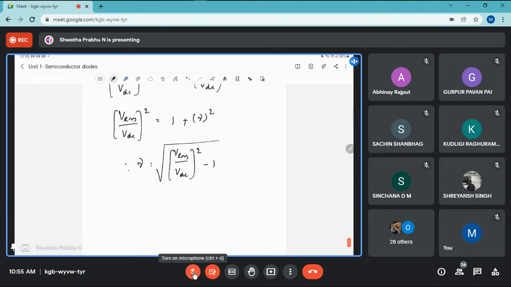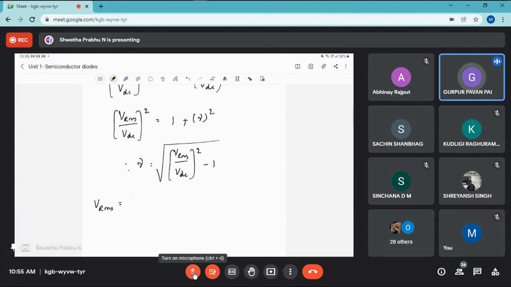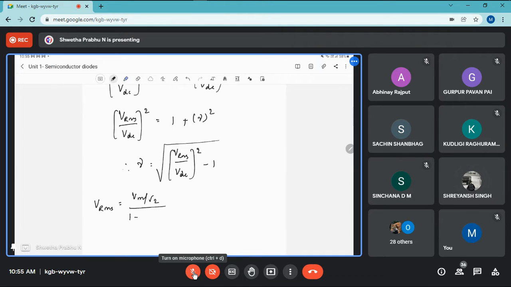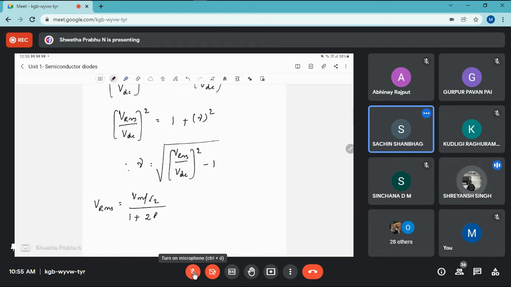Now, yesterday we derived the relation for VRMS and VDC, right? Can anyone tell me what is VRMS from yesterday's derivation? VM by root 2, divided by 1 plus 2 RF by RL.